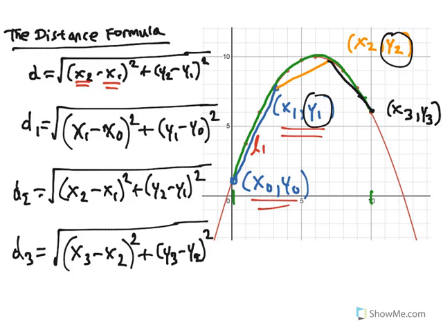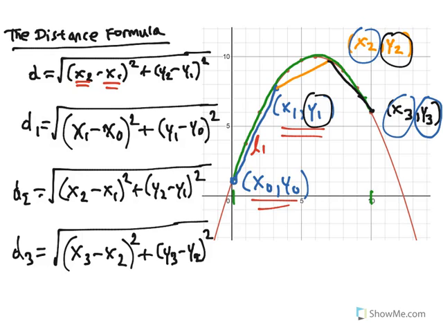Again, all you're doing is you're subtracting the x coordinates of the 2 endpoints, x sub 3 minus x sub 2, and then squaring it plus the difference in the y coordinates of the 2 endpoints, y sub 3 minus y sub 2, and we're going to square that.